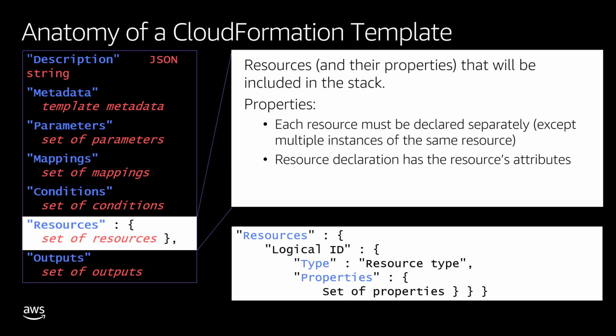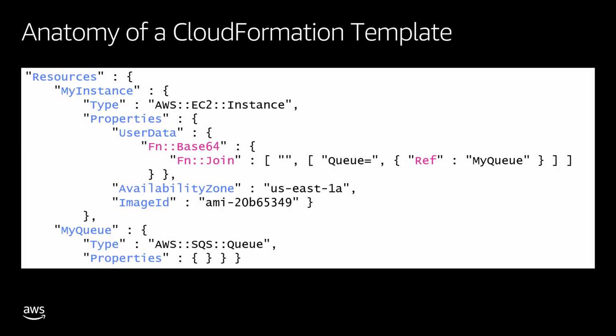Then comes the most important part of the CloudFormation template, which is the resource section. The resource section describes the resources that you want to orchestrate on AWS. These are usually AWS services. If you go into detail of that, for example, you can say what the resource type is. In this case, I'm going to orchestrate a resource called my instance, and its type is AWS EC2 instance.